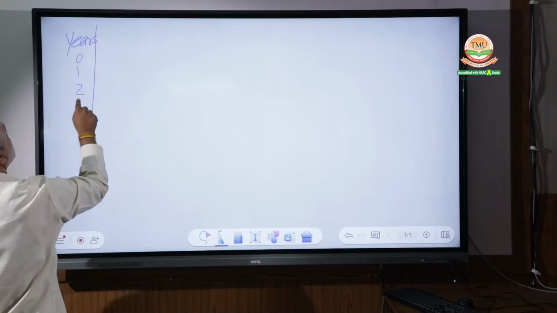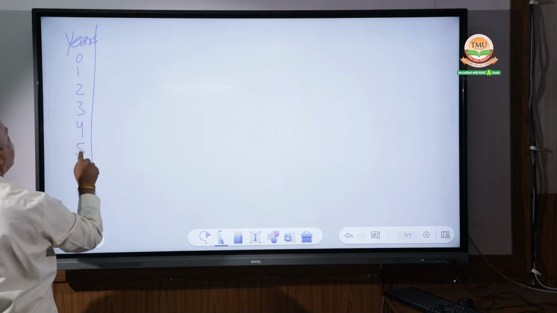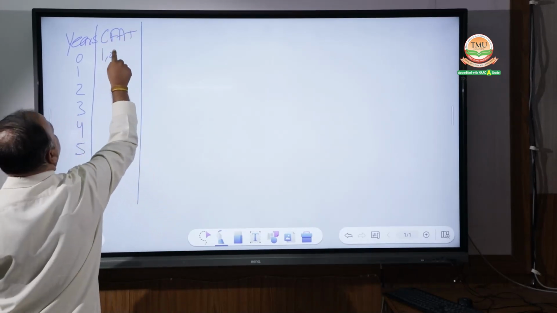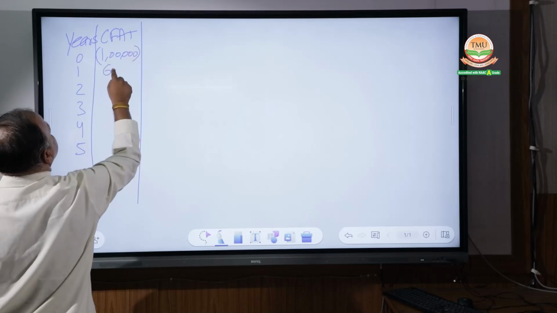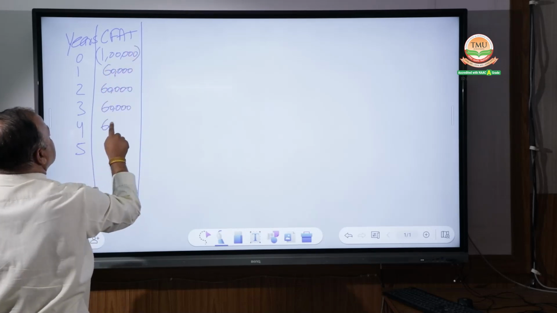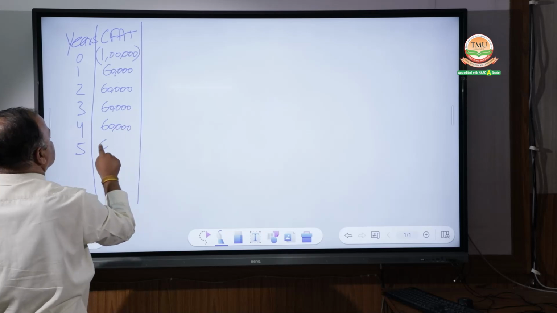Years 0, 1, 2, 3, 4 and 5. Here the cash flow after tax is 1 lakh in the initial stage, and then 60,000, 60,000, 60,000, 60,000 and 60,000.